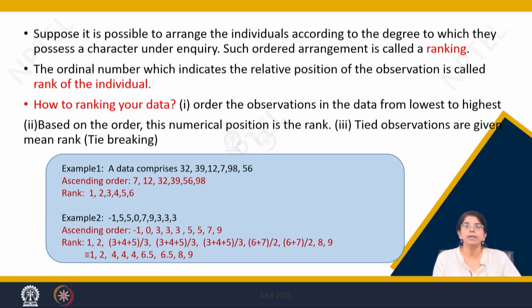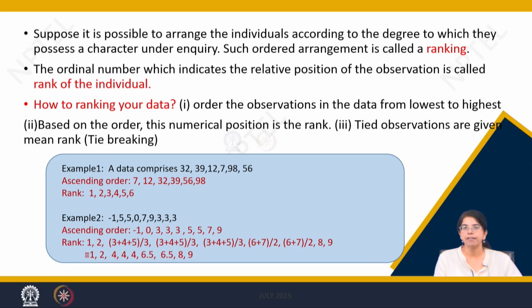Now let us have a quick example. The data comprises 6 observations: 32, 39, 12, 7, 98 and 56. First, it is very simple: arrange all these observations in ascending order, from the smallest to the largest: 7, 12, 32, 39, 56 and 98. So what will be the rank? Look at the position.